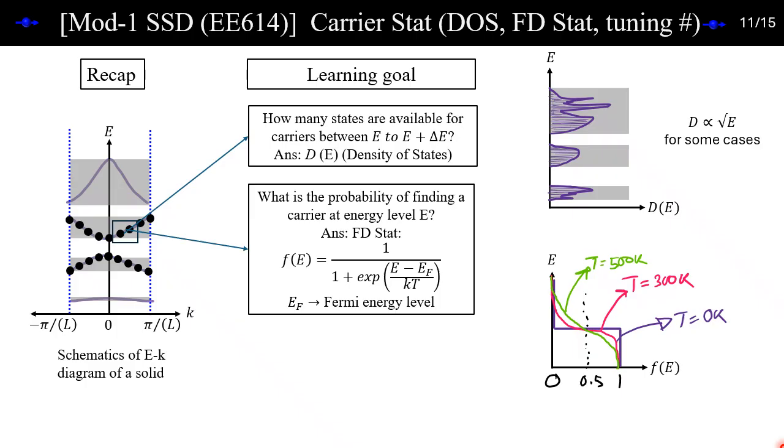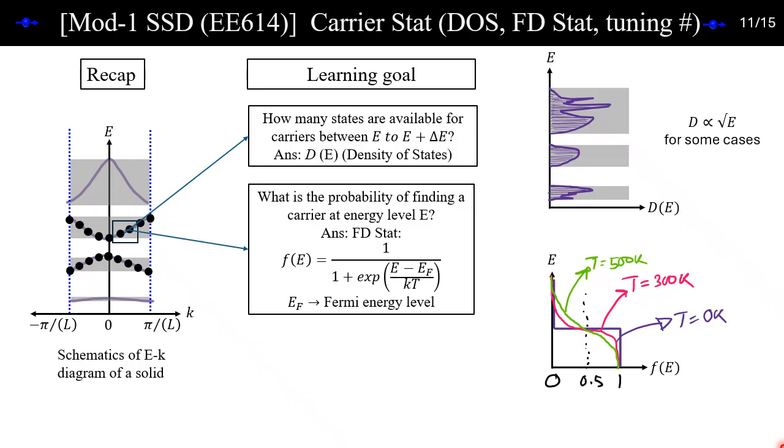Now in general, what is the total number of electrons? It depends on two things. Suppose you have probability for finding electrons, but you don't have any states. Will you have any electrons there? You don't, right? You are applying for a job, but there is no post vacant for that. However brilliant you are, you will not get the job because there is no post for you.